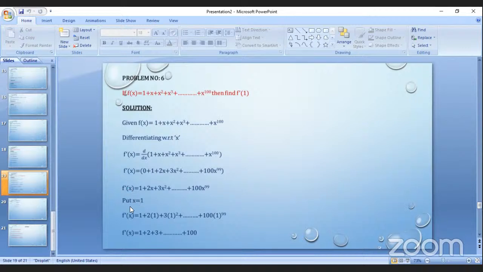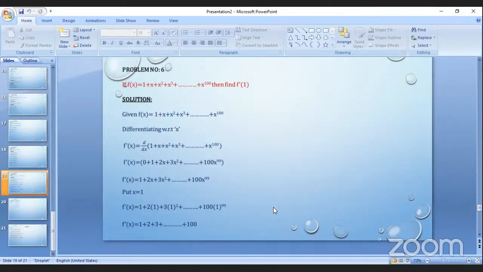So f dash 1 equals 1 plus 2 into 1 plus 3 into 1 square plus so on plus 100 into 1 power 99, which is 1 plus 2 plus 3 plus so on up to 100.